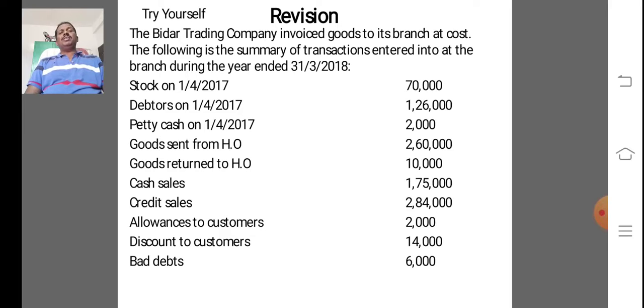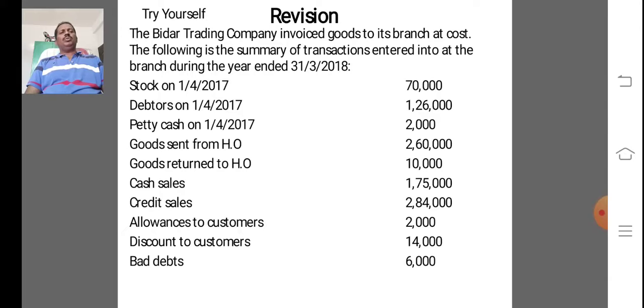And try yourself. The Bidar Trading Company invoiced goods to its branch at cost. The following is the summary of transactions entered into at the branch during the year ended 31/3/2018.